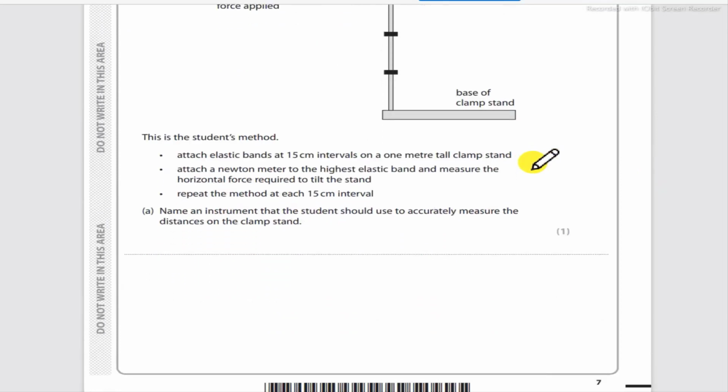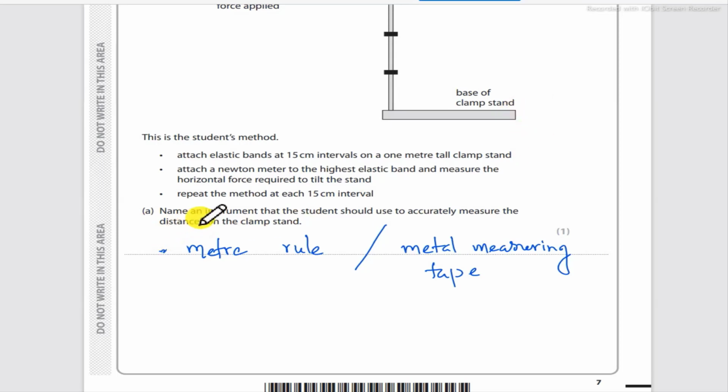Question 3A. Name the instrument that the student should use to accurately measure the distance on the clamp stand.